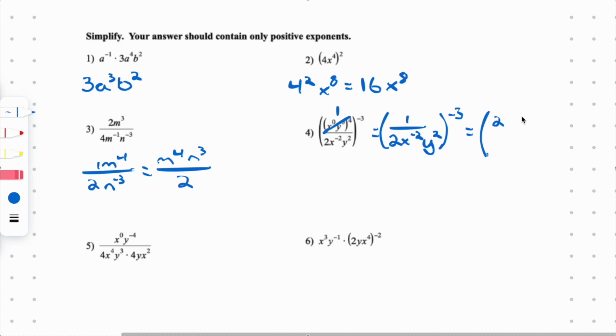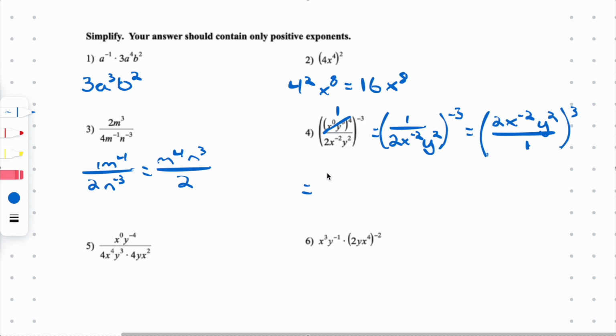I'm going to do 2x to the -2nd y squared over 1 to the 3rd power, which we don't really need that over 1 anymore. But we'll keep it actually, because we're going to have to do something with it. So now we cube this to the 3rd power to each term.